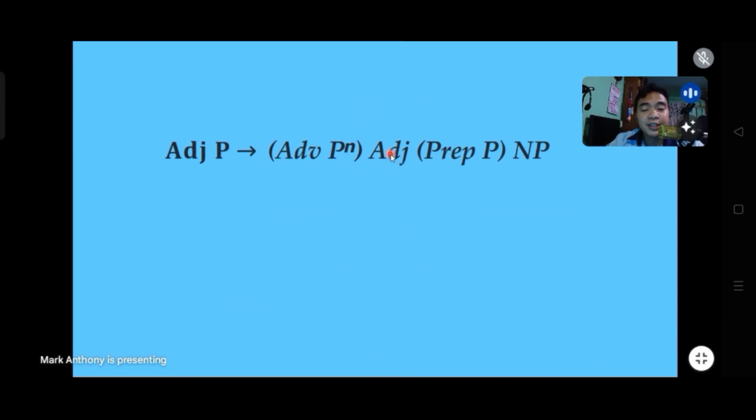And then we have the adjective and the prepositional phrase, which can be optional if there is a preposition in the sentence. And there we have the noun phrase. So that would be the basic structure rule for the adjective phrase.